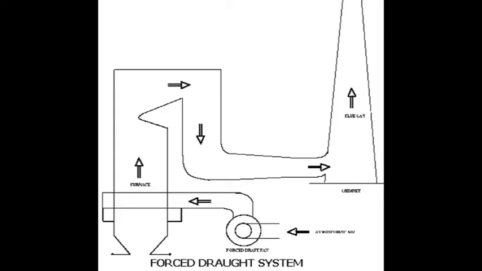Due to this effect, there is a positive pressure within the furnace, and along with natural draft, this positive pressure is helping the flow of air within the furnace and exhausting the flue gas out of the chimney. So that's why it is named forced draft system.